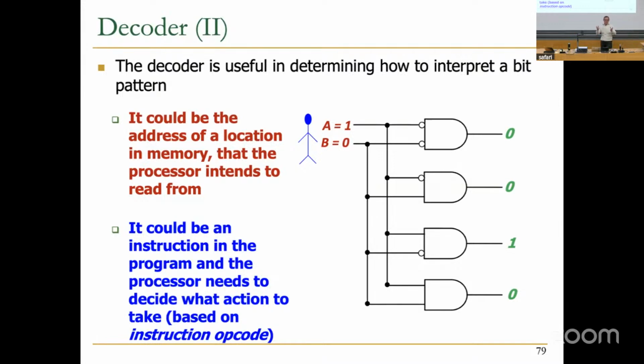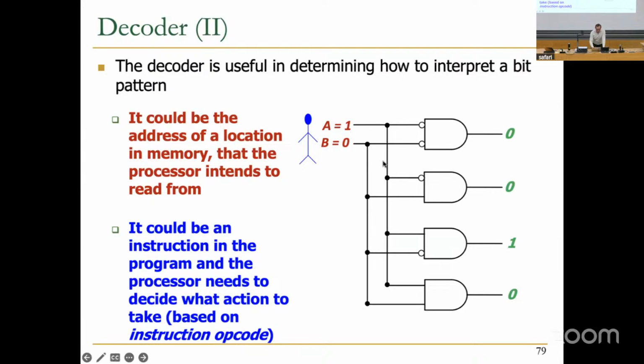This is called encoding. And someone specifies an instruction. How does the computer recognize what that instruction is? We will see this when we talk about instructions in architecture. The bit pattern is called an opcode. And there needs to be some circuitry, a decoder, in the processor that basically takes that opcode and decodes it.